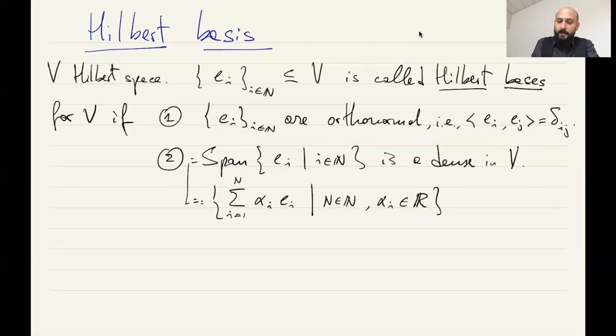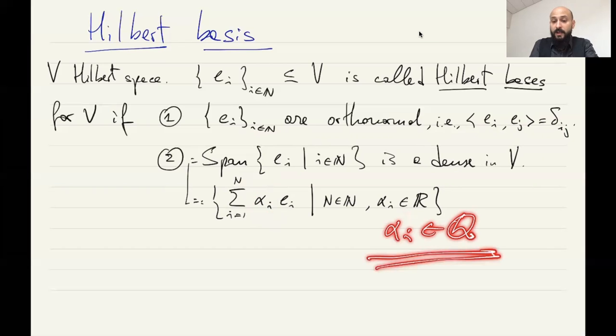Second, the elements e_i are countable, and if instead of real numbers we take alpha_i in Q, then the closure of this set is exactly the same, because the closure of Q is R. However, with rational coefficients, the set that you have is countable. All these possible sums are countable.